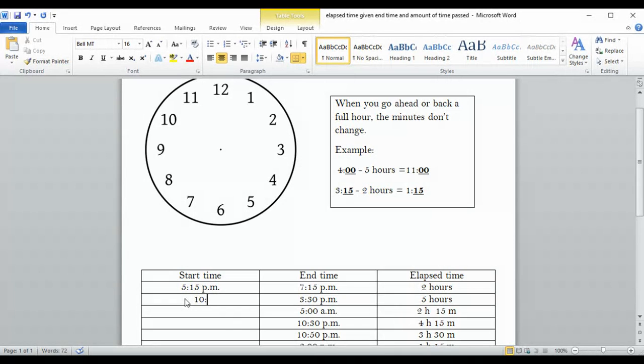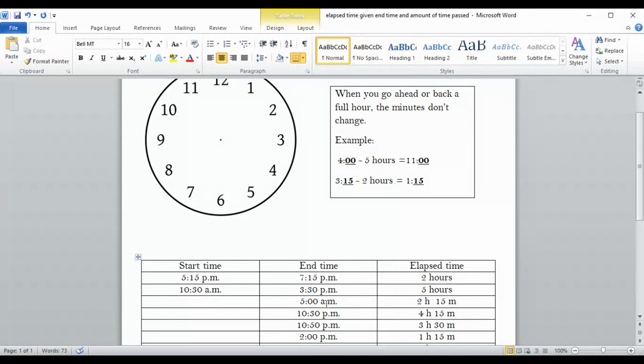So from 3:30 backwards, 5 hours would be 10:30. Now, notice when we went back to 10:30, we crossed over this 12 o'clock hour. So we went backwards from PM back into AM time. So you've got to remember to put that in.